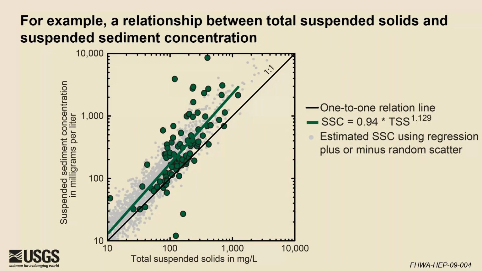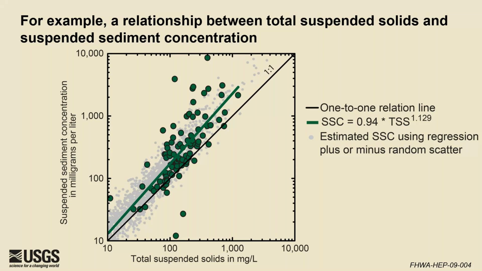this graph shows the relationship between total suspended solids and suspended sediment concentration. As you might recall, total suspended solids was the most common constituent in the highway runoff database. However, total suspended solid method can be biased, and suspended sediment concentration could be a better method for evaluating water quality.